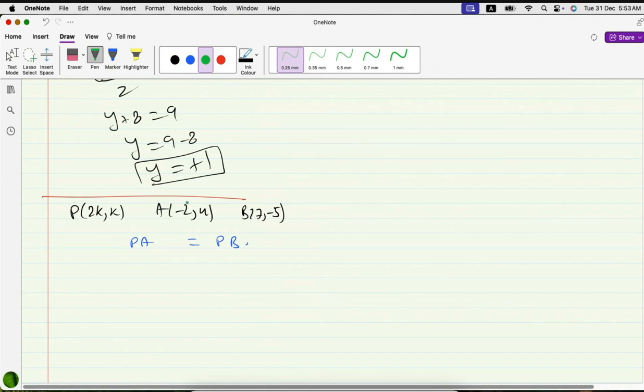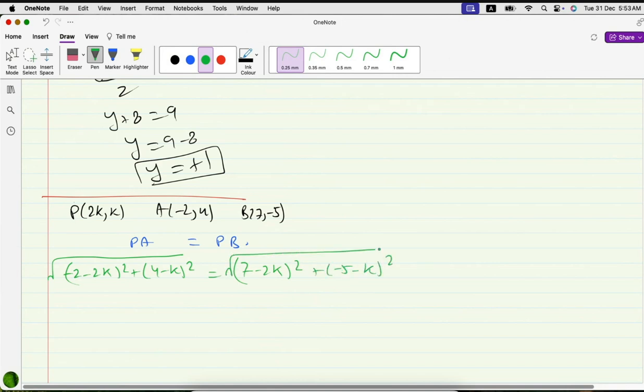So distance is the square root of x2 minus x1 whole square plus y2 minus y1 whole square, which is equal to PB, the square root of x2 minus x1 whole square plus y2 minus y1 whole square.